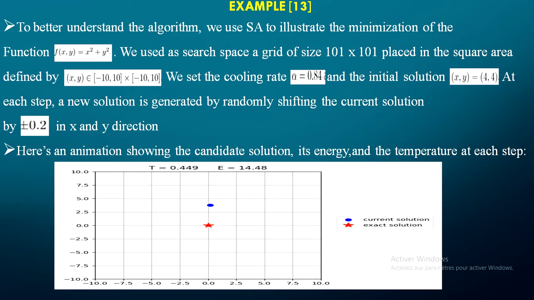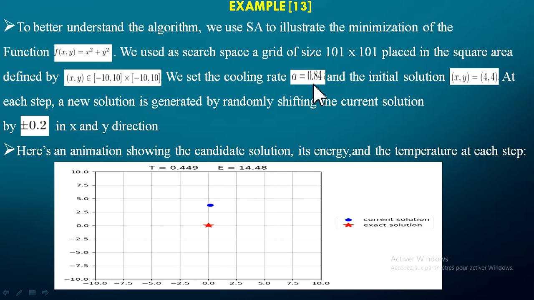In this presentation, I give an example which is taken from reference 13. To better understand the algorithm, we use simulated annealing to illustrate the minimization of this function. With this equation, we use a search space, a grid of size 101 by 101 points in the square area defined by this equation.